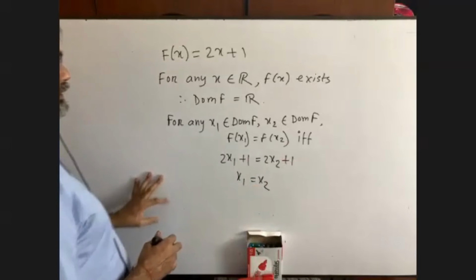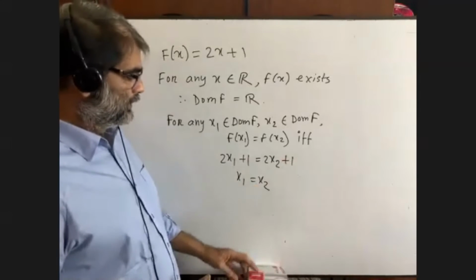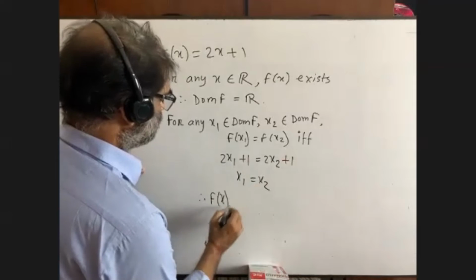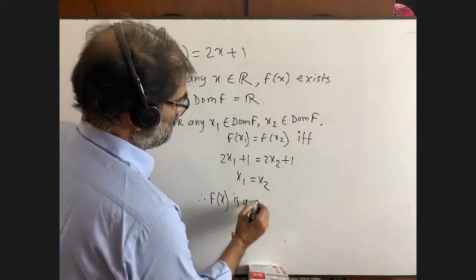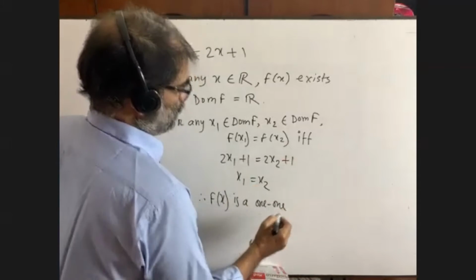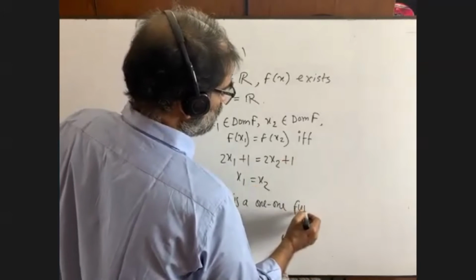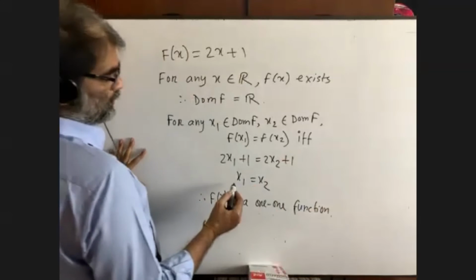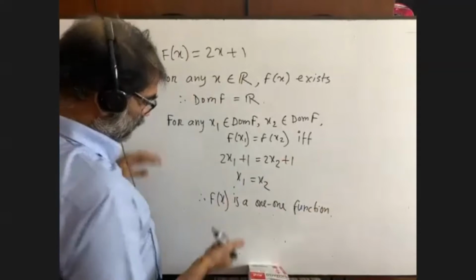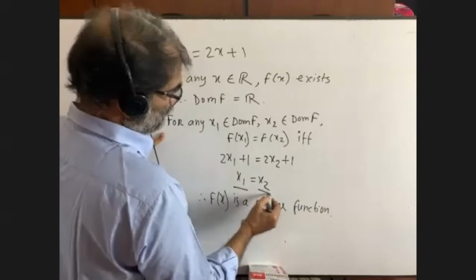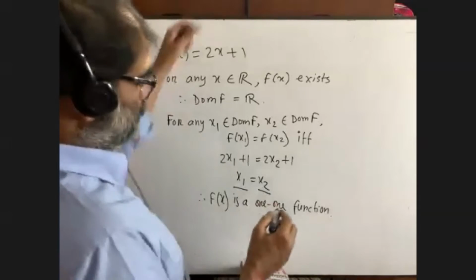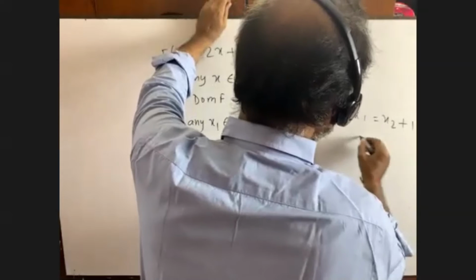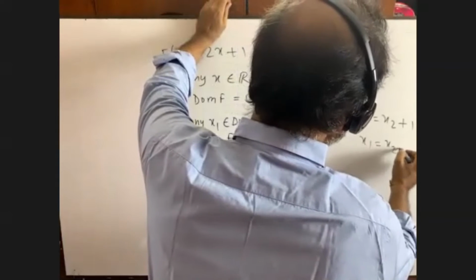Therefore f of x is a one function. You see, we have got x1 equals x2. It is not that we have got x1 equals x2 plus 1 and again x1 equals x2 plus 5.